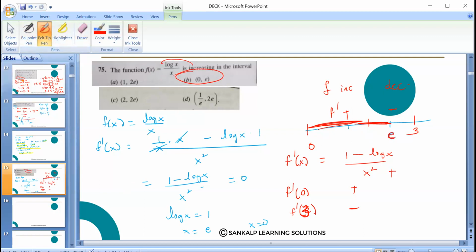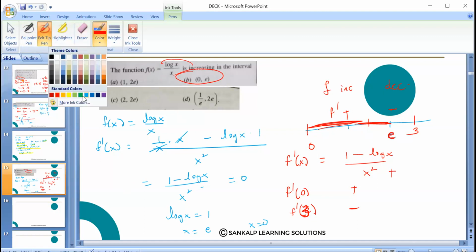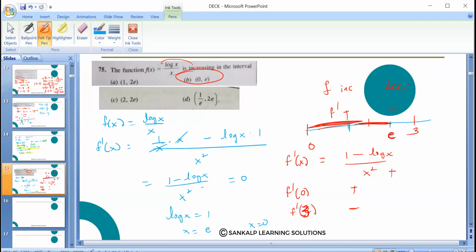The testing points you are taking is, because you can't take 0, you're taking 0.1, something like that, testing point. And then you are taking 3. Something like that.